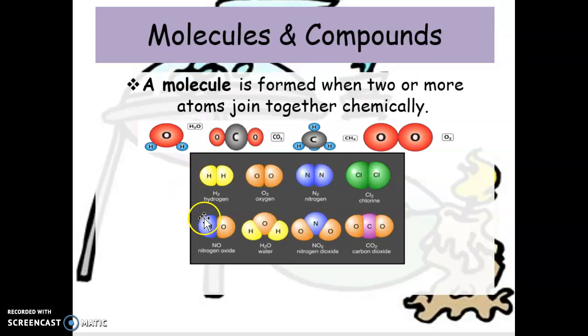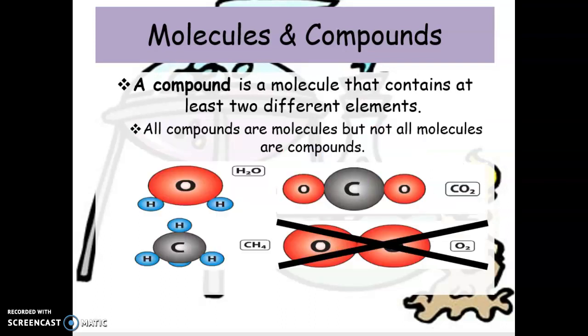Whereas the ones at the bottom, they have different types of elements together. So you have nitrogen and oxygen, hydrogen and oxygen, nitrogen and oxygen, and carbon and oxygen together. Those are all examples of compounds. Okay, so compounds have different elements attached. So all compounds are molecules, but not all molecules therefore are compounds.